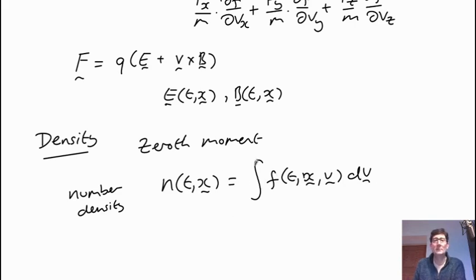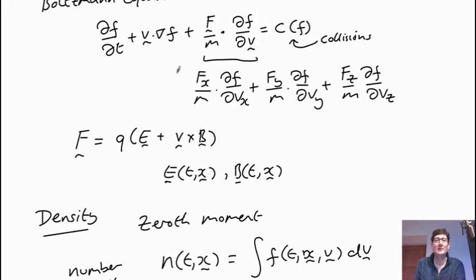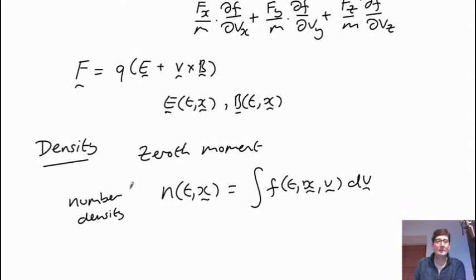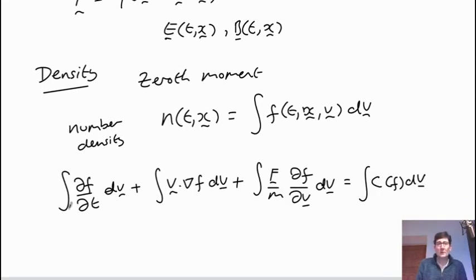And so we can work out the time derivative by integrating this Boltzmann equation up here. So we just integrate this whole equation in v. We can quickly identify that this first term is just the time derivative of this density, so this first term here is just dn by dt.